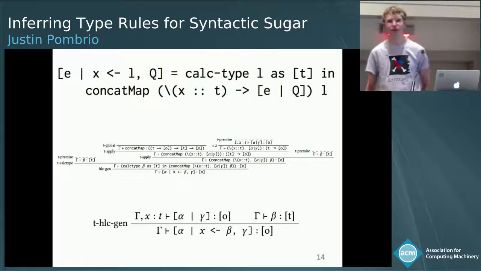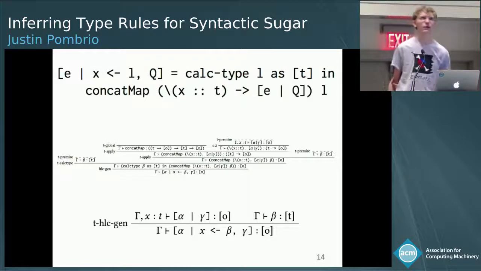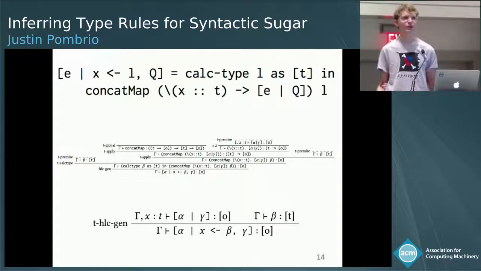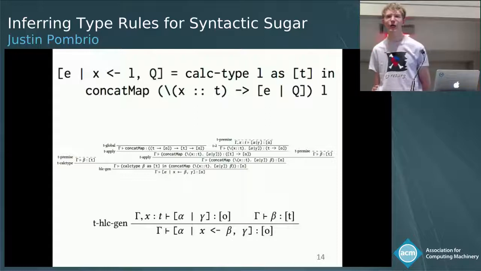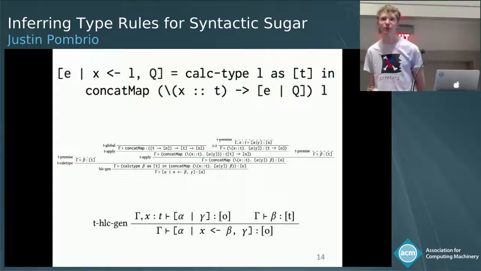So from the inferred typing rules, are you able to generate a type checker? The implementation we have is based on PLT Redex, which gives you a type checker from these rules for free. So essentially, yeah, you're guaranteed to be able to, only for the level of type checker that Redex gives you.